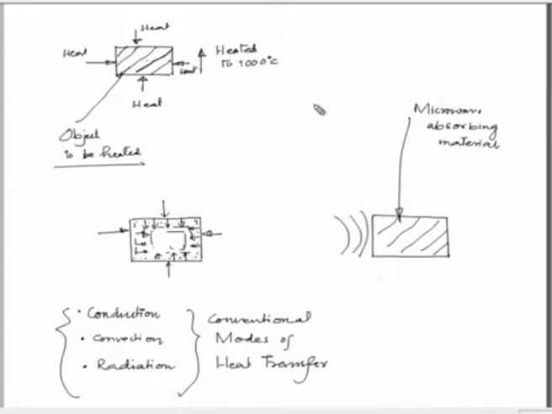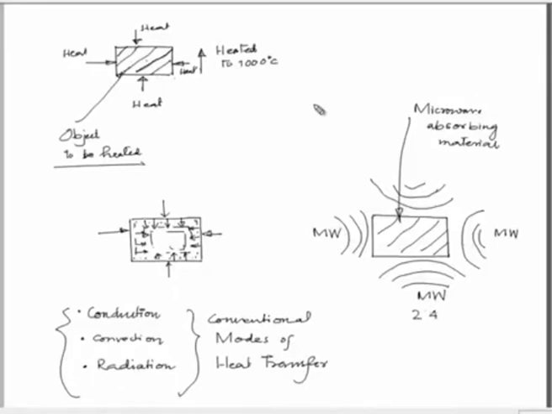microwaves from, say, all the directions as we are doing in case of conventional heating process. So, this is nothing but microwave, and it is at a particular frequency, say 2.45 gigahertz.